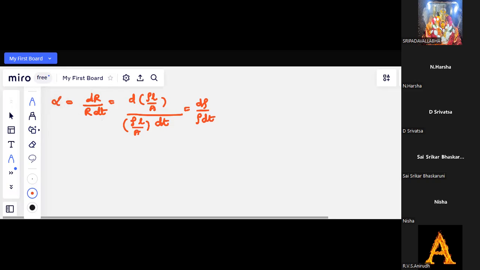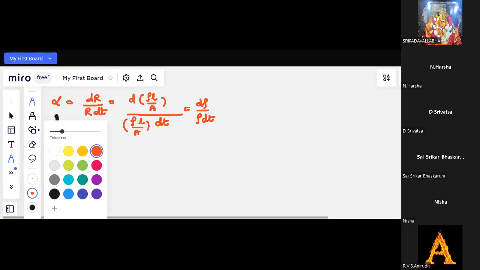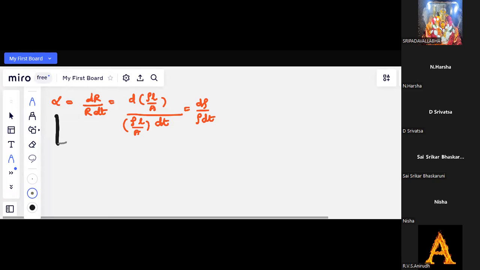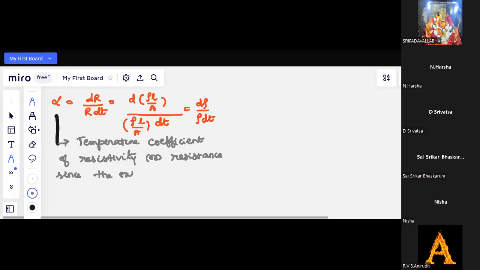That's why we say here the temperature coefficient of, today we write, either resistivity or resistance, since the expansions in length and area of cross section are neglected.